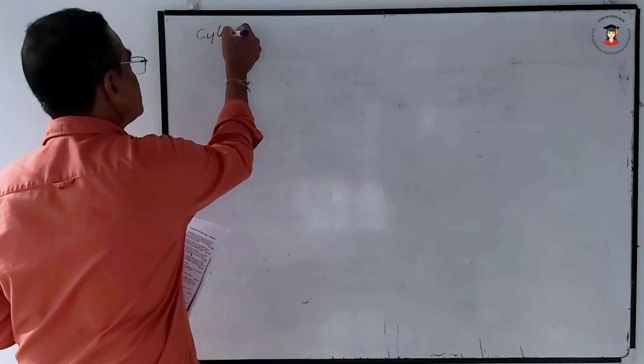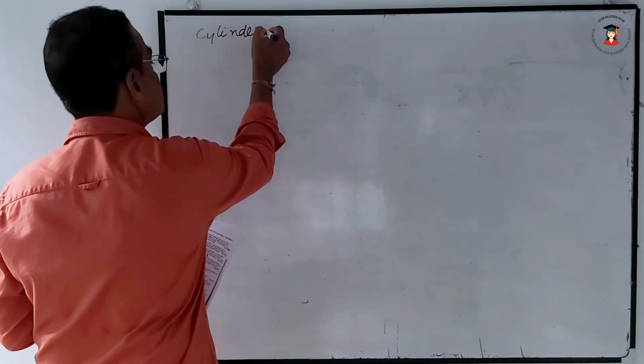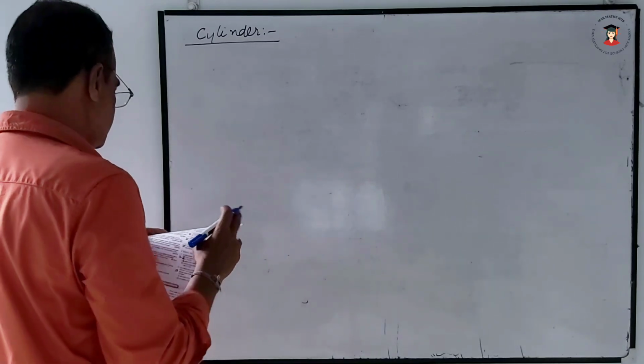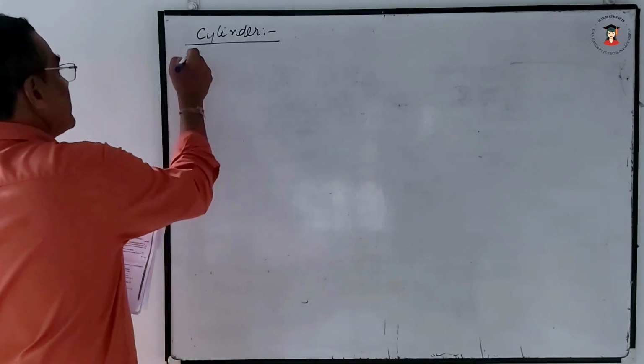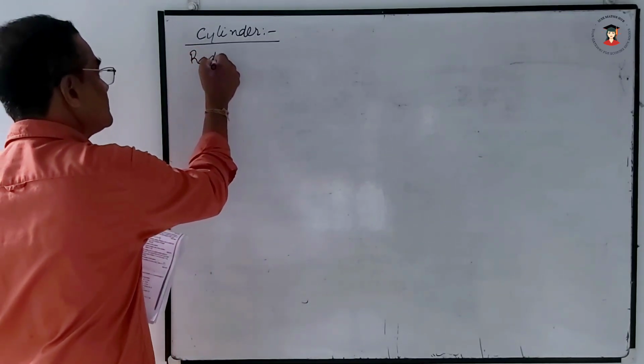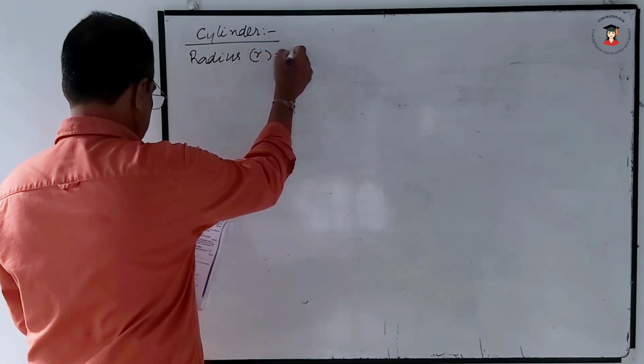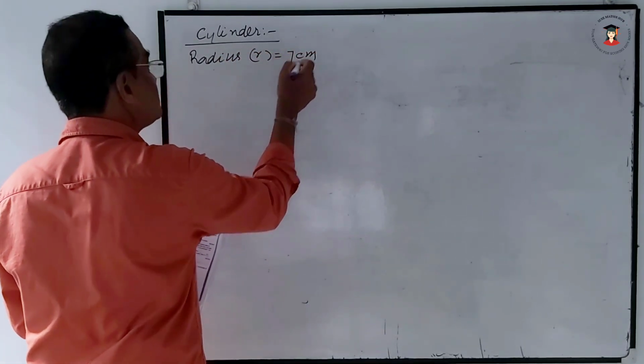Cylinder. Radius R equal to 7 centimeter.